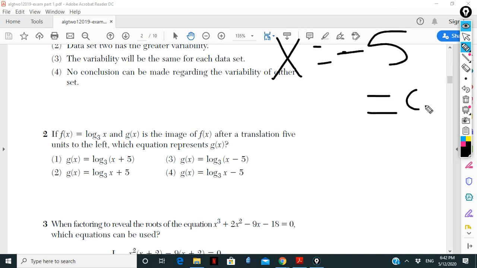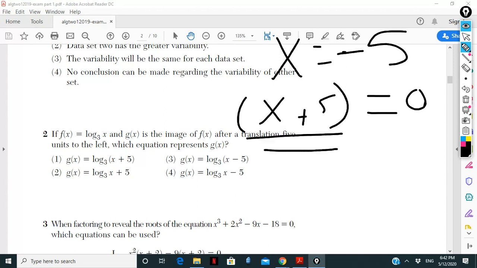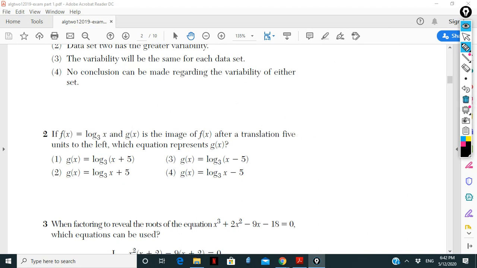I put it in parentheses, and that represents the new value for x. So I'm going to say it's log 3(x plus 5), because I replace x by x plus 5. It's number 1, and it should be in the parentheses, because that's changing the x-axis.